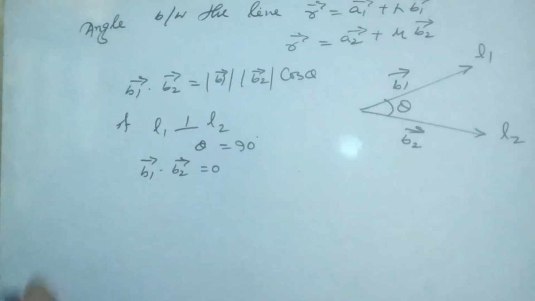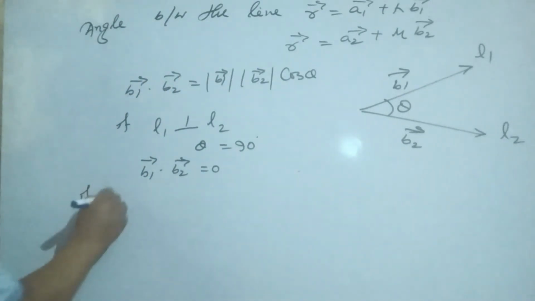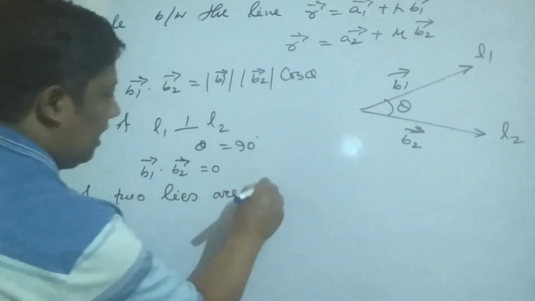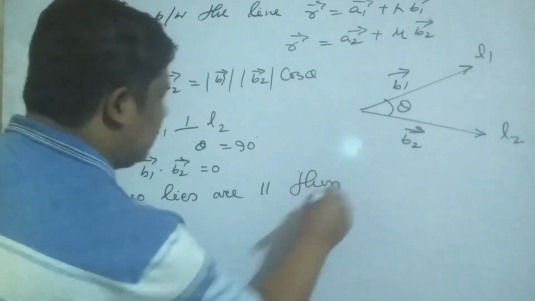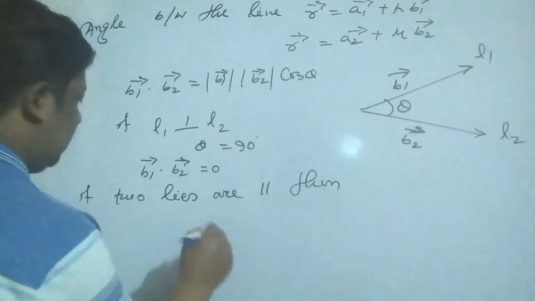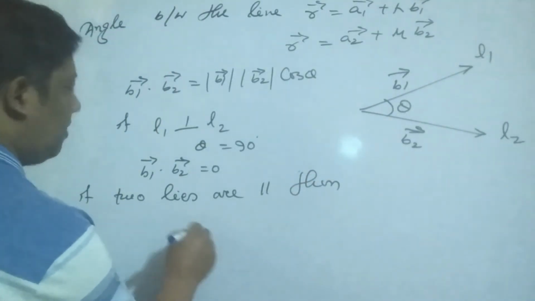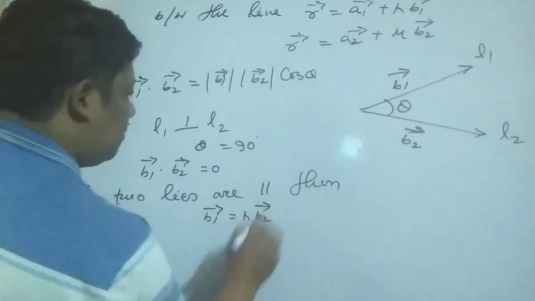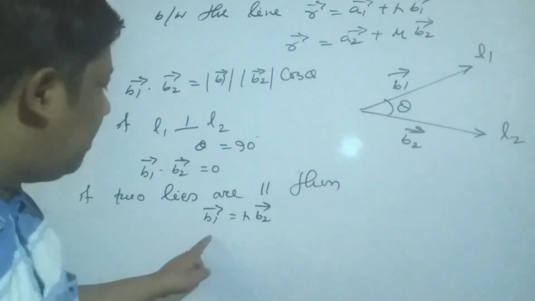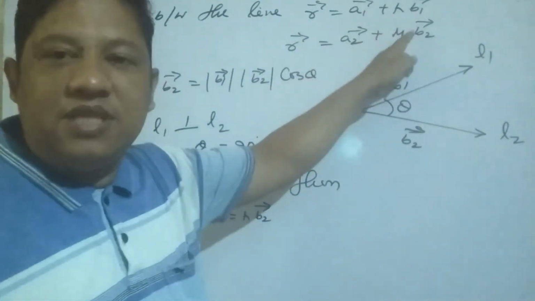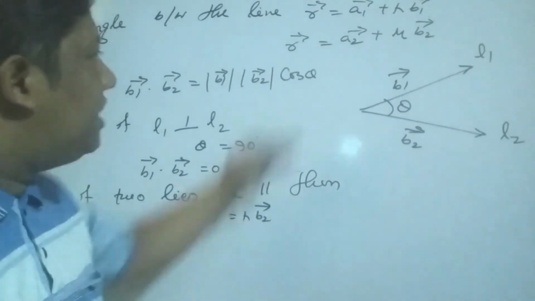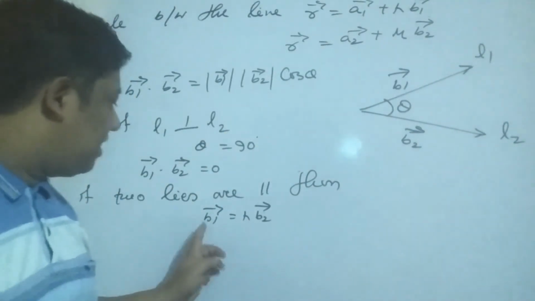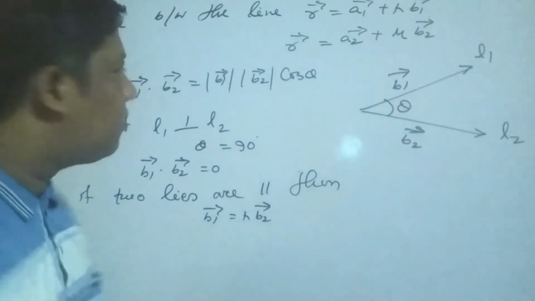If the 2 lines are parallel, then b1 vector equal to lambda b2, because their direction ratios are equal. That means the equation becomes b1 equal to lambda b2.